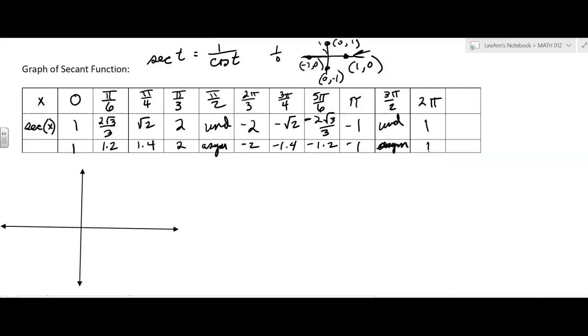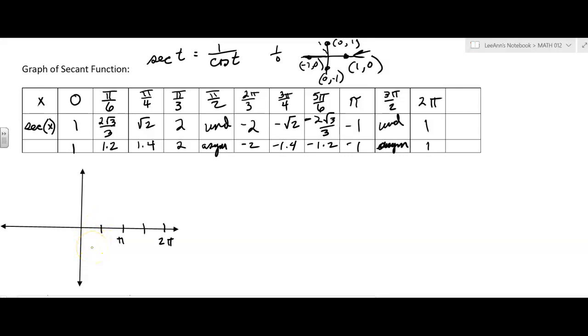All right, so let's look at what we have here. Let's mark off 2 pi, and we'll cut that in half, pi. Cut that in half, that's pi over 2, and 3 pi over 2. Now the other ones, where are they?